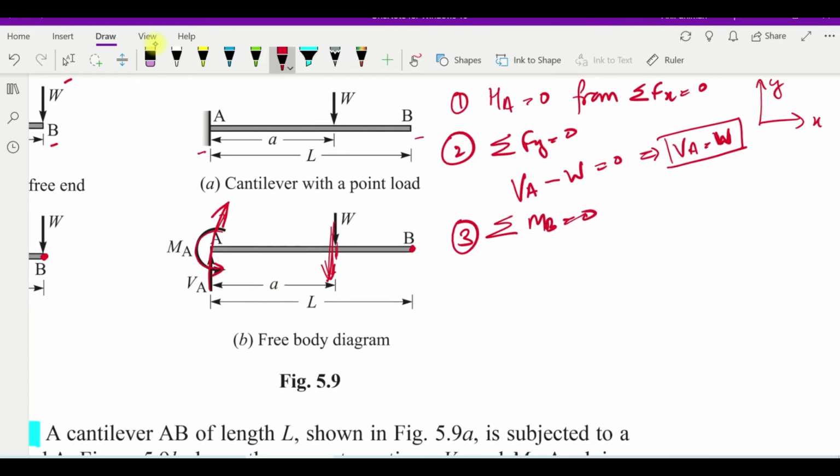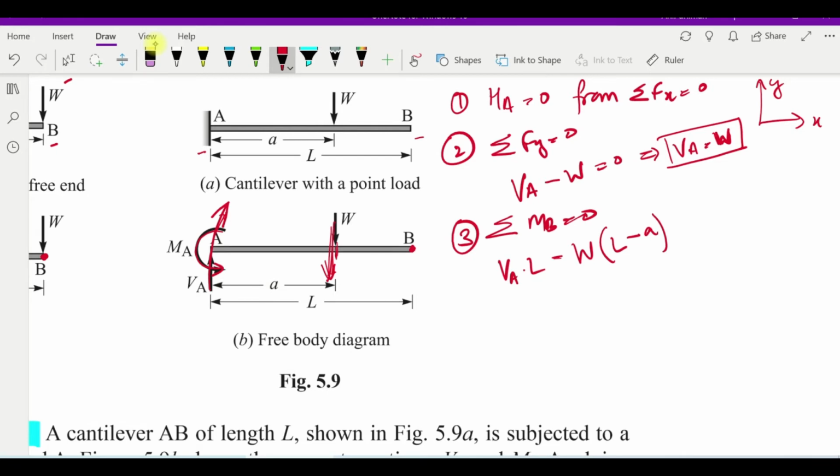I'm taking clockwise moments as positive for this sake. Moment is equal to force into distance. So let us start with VA. VA is clockwise, VA into L. Then anti-clockwise is W, minus W into (L minus A).